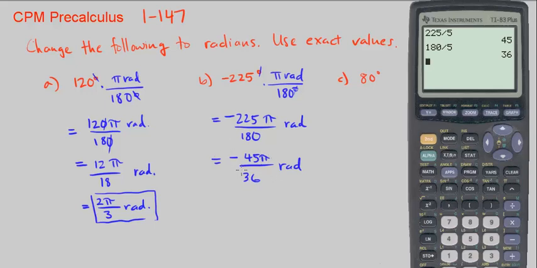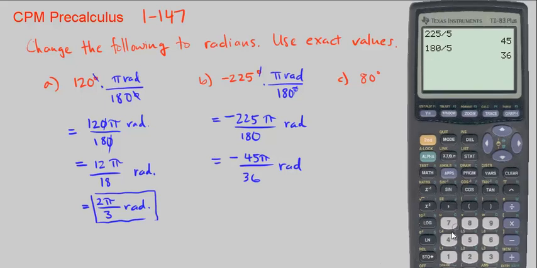Well, we can still simplify this more. We can divide the numerator by 3. We could also divide it by 5, but the denominator we cannot divide by 5. We could divide that by 3, so let's do that first. So 45 divided by 3 gives us 15, so we get negative 15 pi, and 36 divided by 3 is just 12 radians.